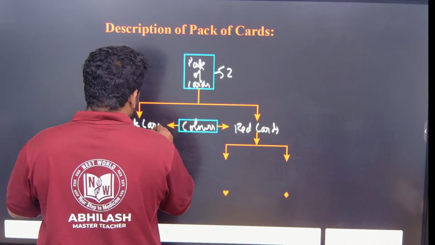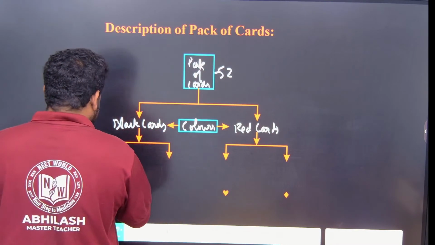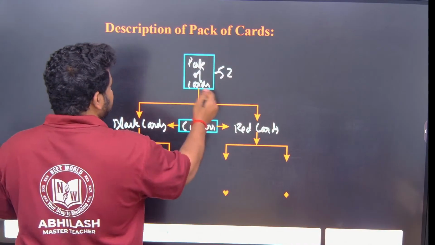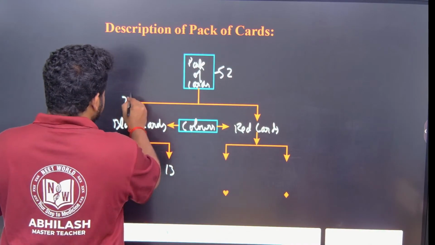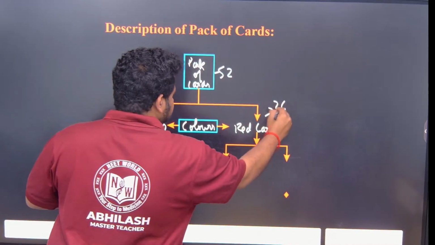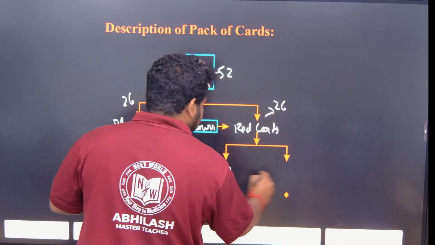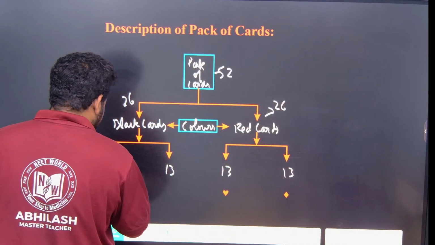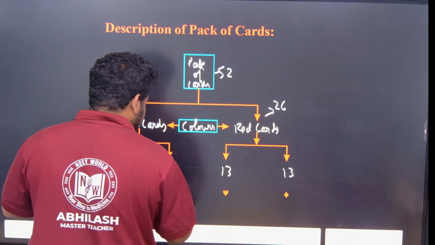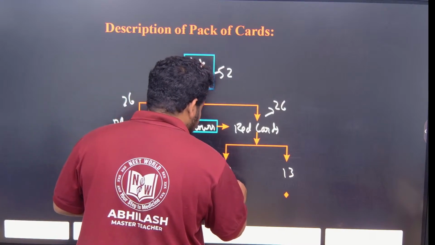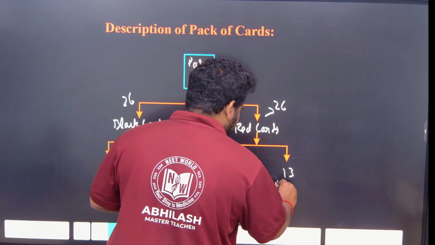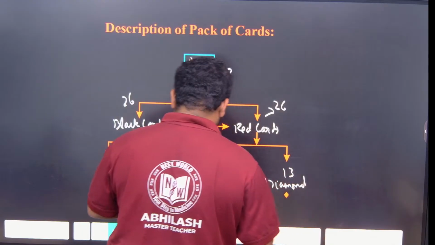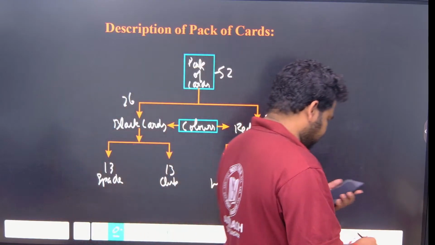Black cards are 26 and red cards are 26, and again it is divided 13 and 13. These are spade, club, heart and diamond. Heart and diamond are red. Please make a note of it, very important.